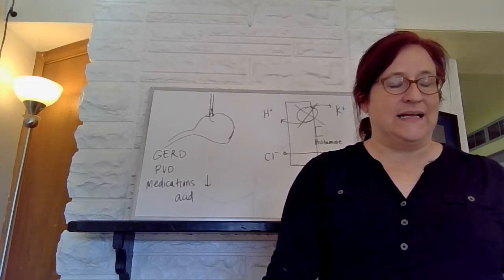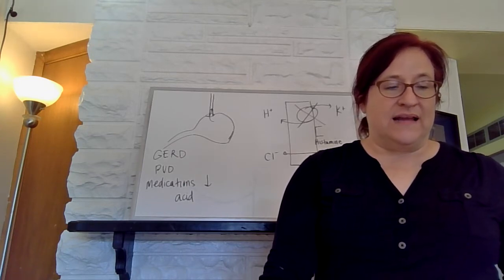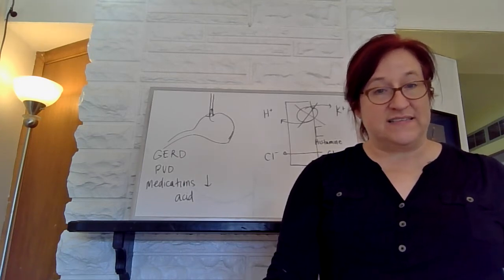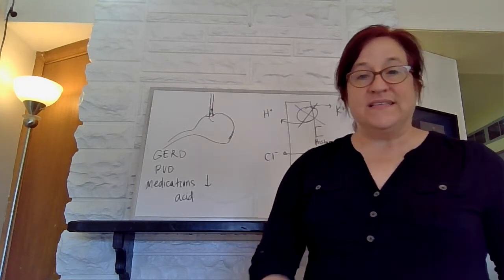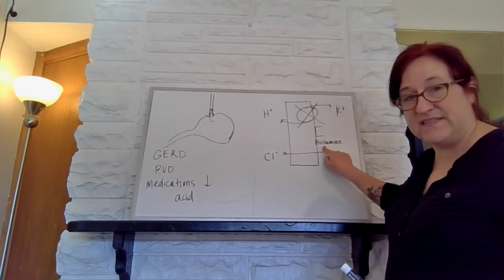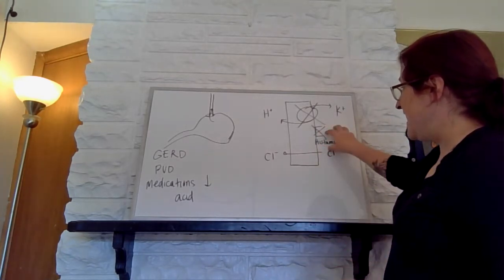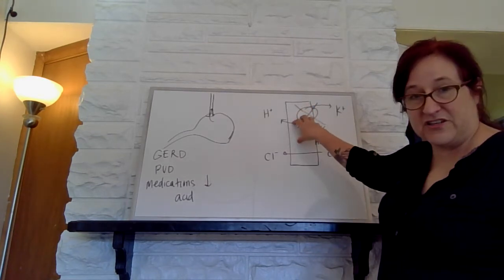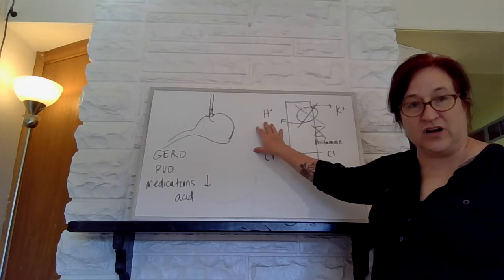So ranitidine is a pill that you take at night before bed, or it can be given intravenously for treatment of an acute ulcer. But what it did is block the histamine receptor that's located on stomach cells. And if I block histamine, then I block the production, or block allowing the acid production to occur.